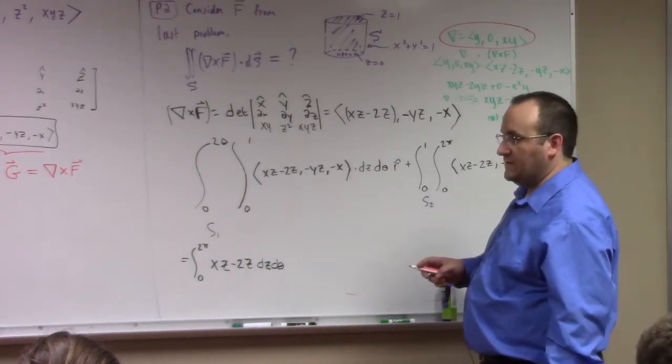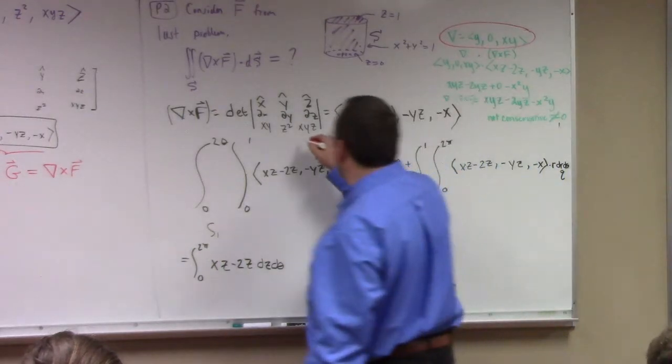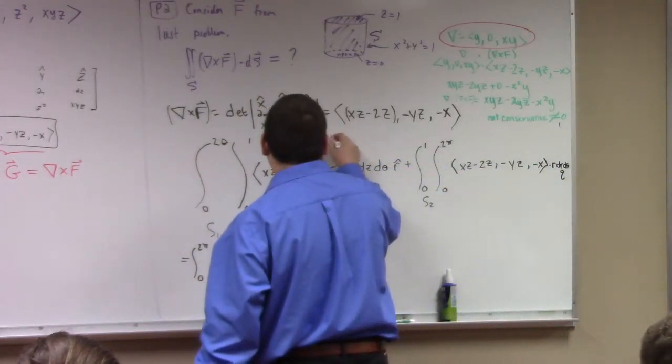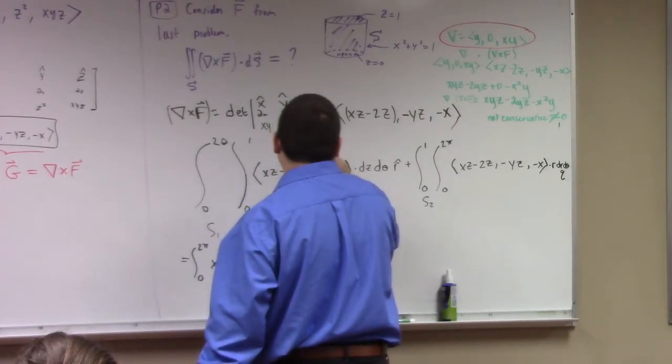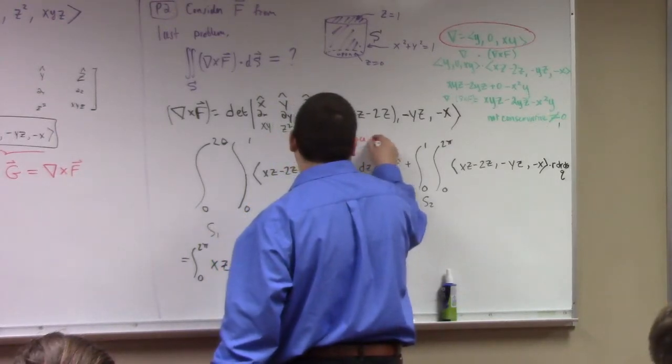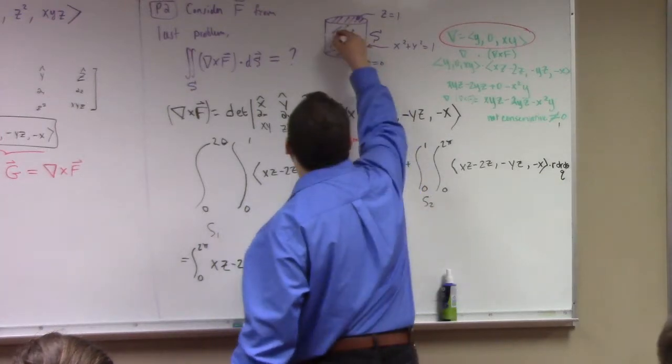The z's are fine. x is equal to cosine theta, y is equal to sine theta, z is equal to z, since r is equal to 1 on this part of it.